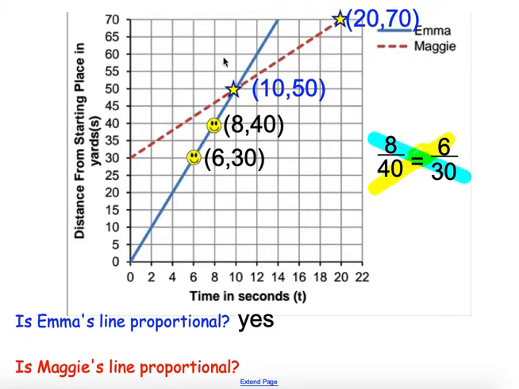If we're going to do it consistently, y over x is 10 over 50.